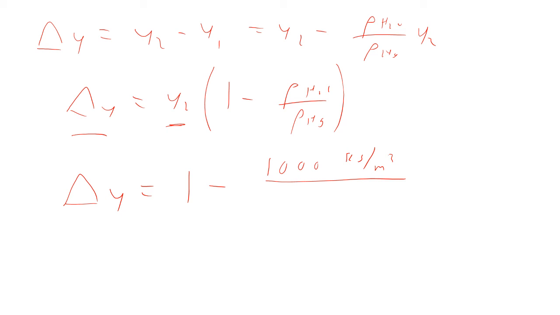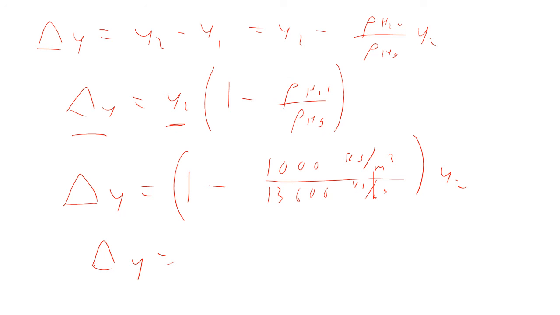The rho of mercury, you've got to look up mercury. So mercury is 13,600 kilograms per cubic meter, okay, times Y2. So delta Y is going to be equal to, you just have to multiply, you just have to work that out.